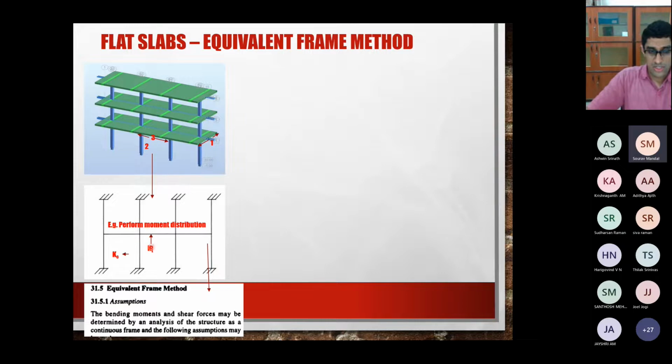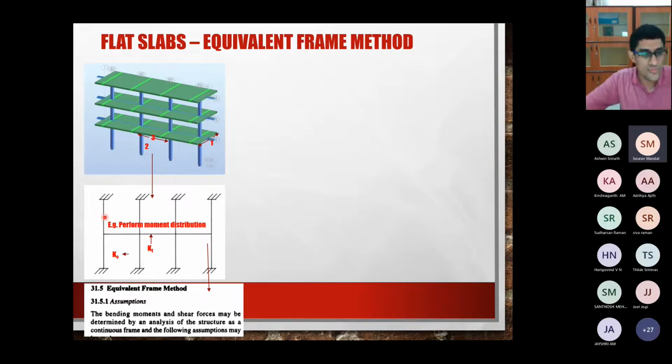So unless you know what the stiffness of these beams and these columns are, you cannot do anything with it, because to do moment distribution you need the stiffnesses. But the only thing I'll ask you is, can you do moment distribution on a frame like this?